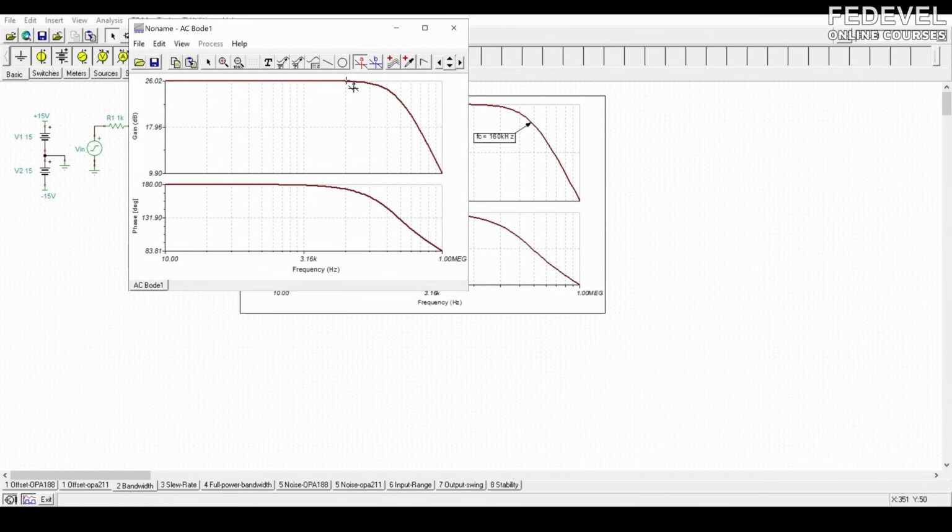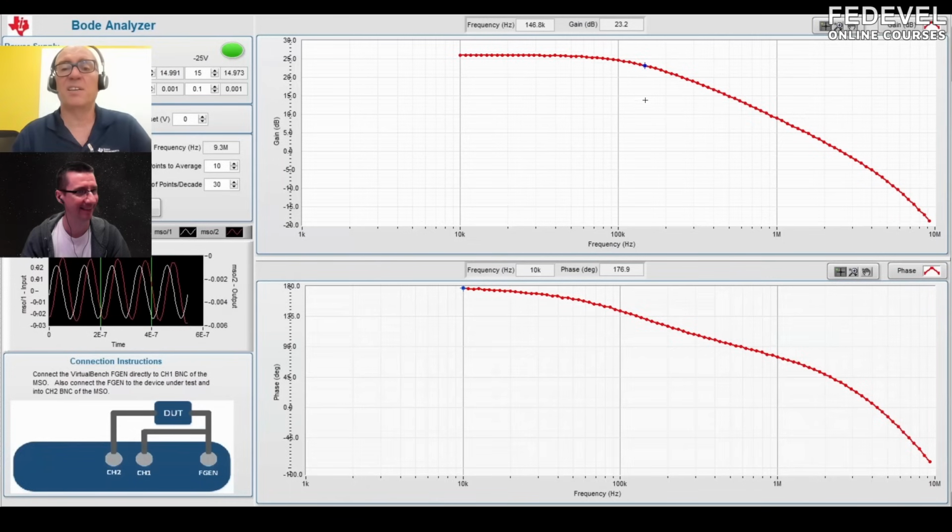And then if I look for the point where the signal goes to 23 decibels, I can just type it in and hit enter, and it jumps to that point. That's about 159 kilohertz. And here we measured 150 approximately. It's not perfect because I only have measured so many points, but you can see they're kind of close to each other.